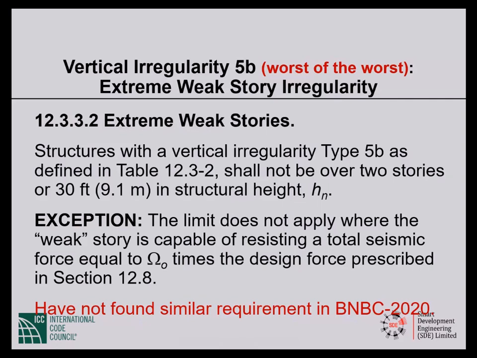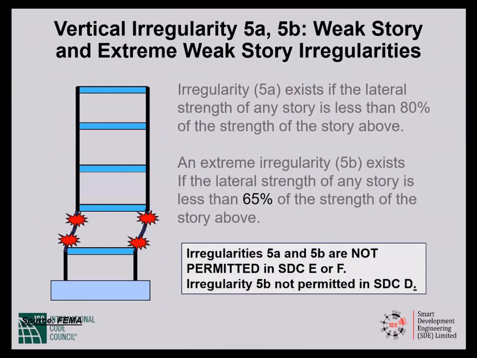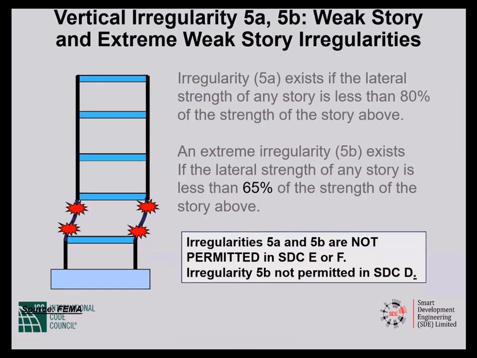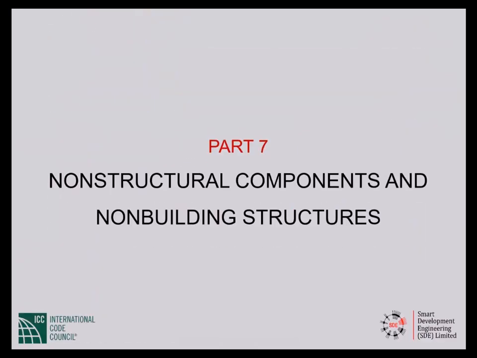I have not found a similar requirement in BNBC 2020. This is the FEMA picture of the 5B irregularity. It tells you the same story in a slightly different way, and I need not repeat.